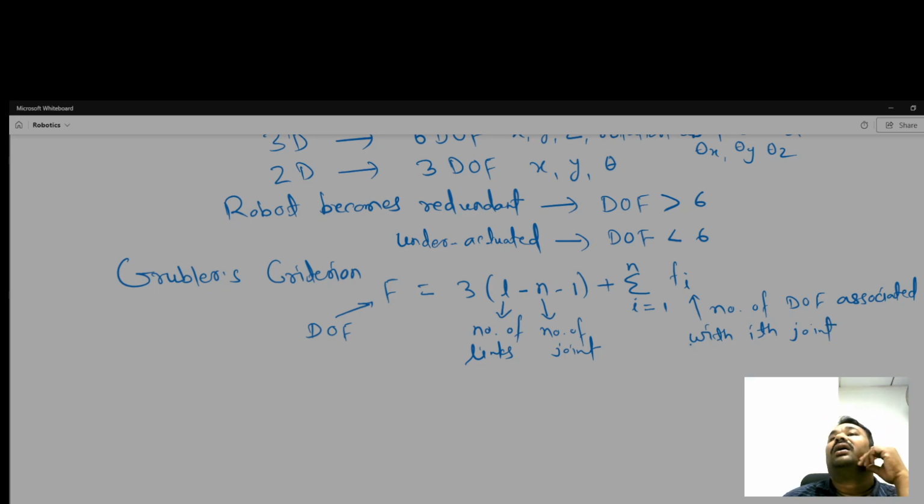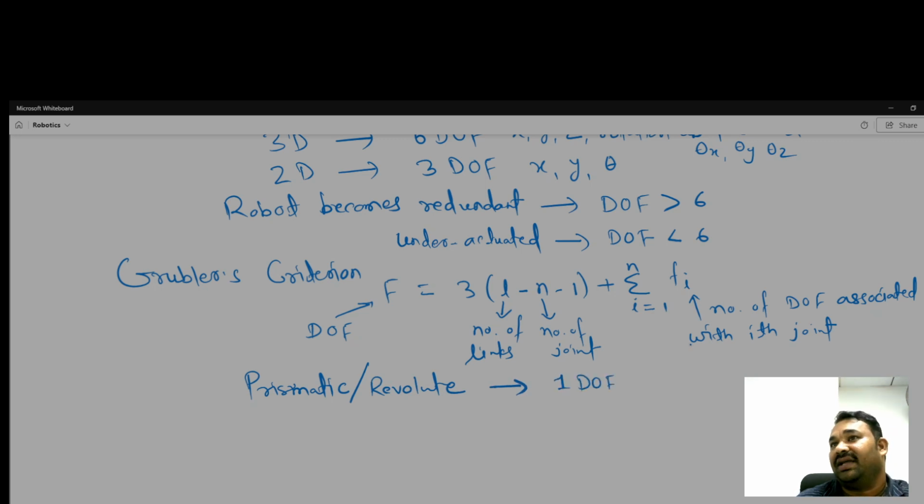Suppose a system has prismatic joints, rotary joints, hook joints, or spherical joints, then we have to sum up all the individual degrees of freedom. A prismatic or a revolute joint provides 1 degree of freedom.